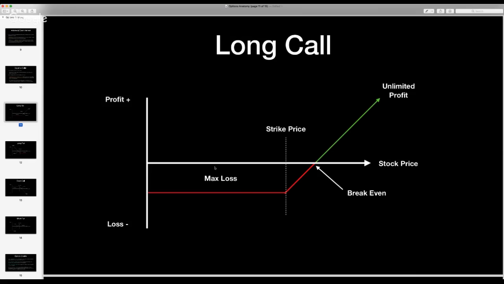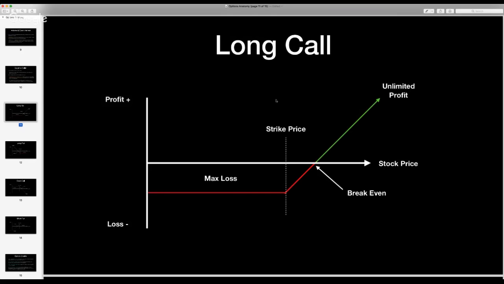To the left is a lower stock price. So if you have a call option, a long call means that you bought it. Then that means that there's a max loss that you can incur, which is actually the cost of the option when you bought it, the price that you paid. That's the maximum amount that you can lose, but it has unlimited profit potential.